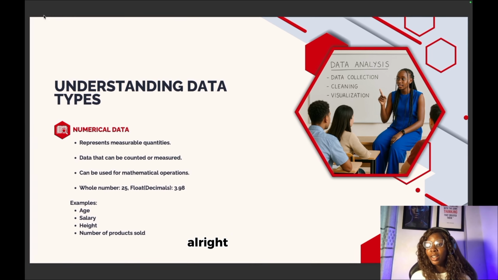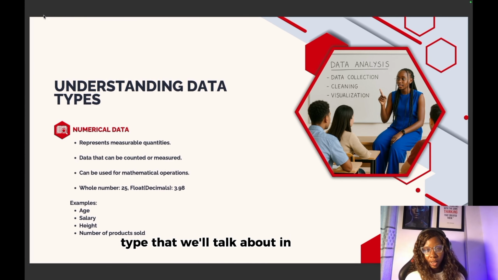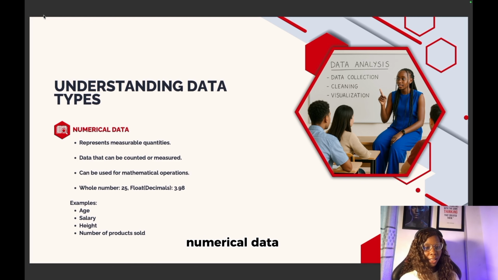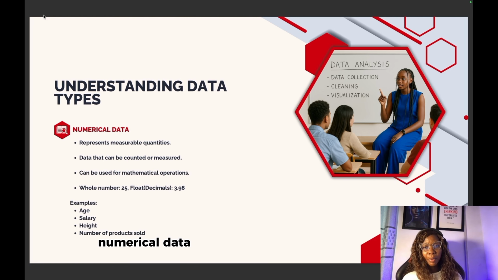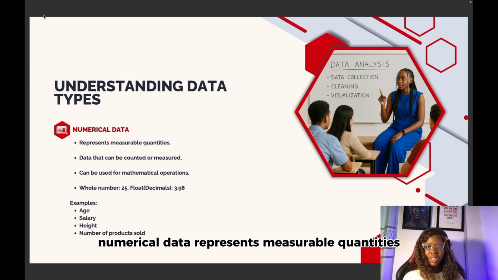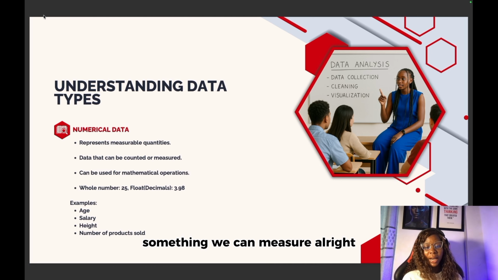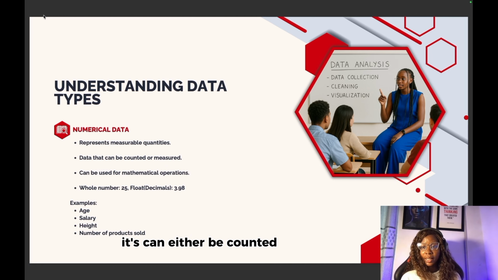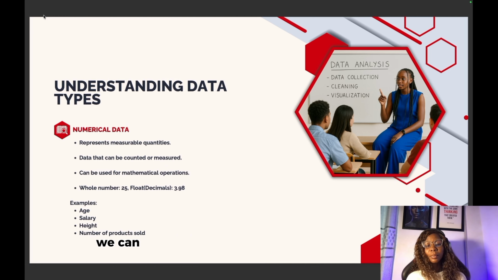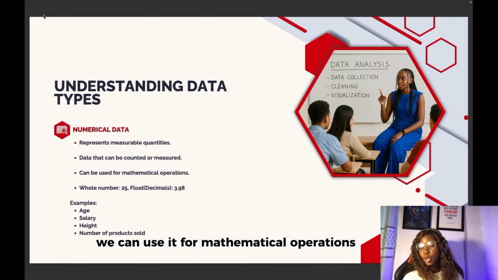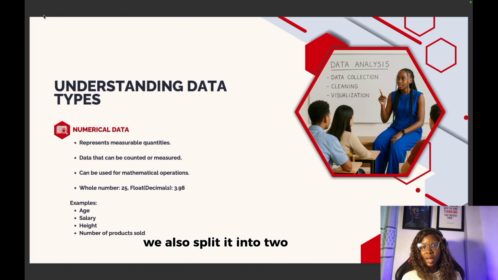All right. Another data type that we'll talk about in this lecture is numerical data. Numerical data represents measurable quantities, something we can measure. It can either be counted or be measured. We can use it for mathematical operations as well. For numerical data, we also split it into two categories.